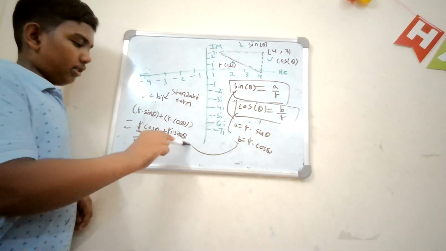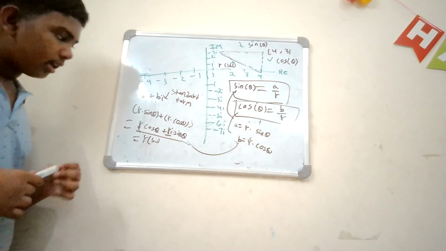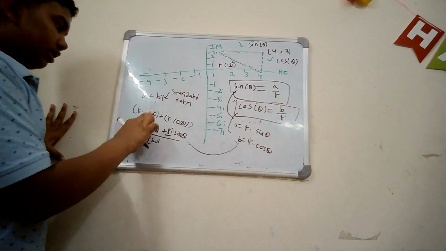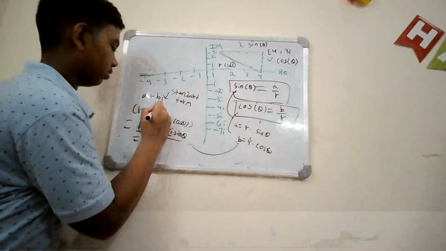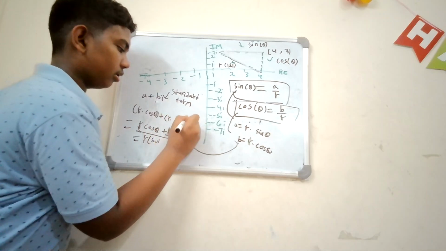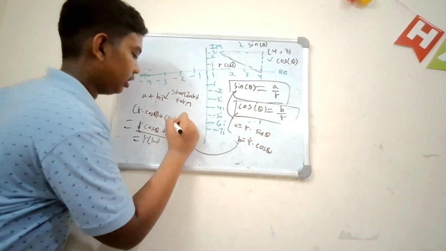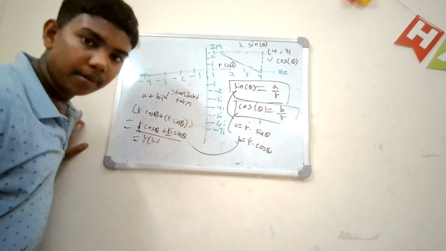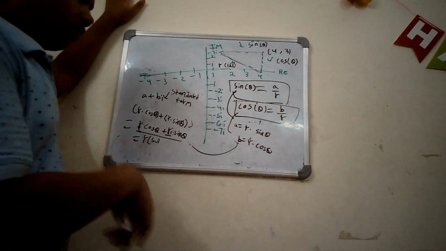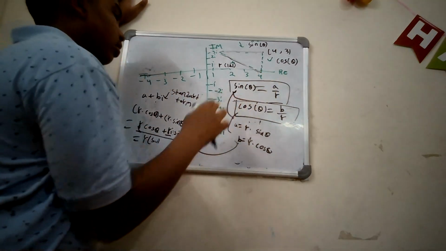Now we have this expression. I'm making such a big mistake here. Cos theta plus R into sine theta. Okay, now look here. Wait, this should actually be reversed.